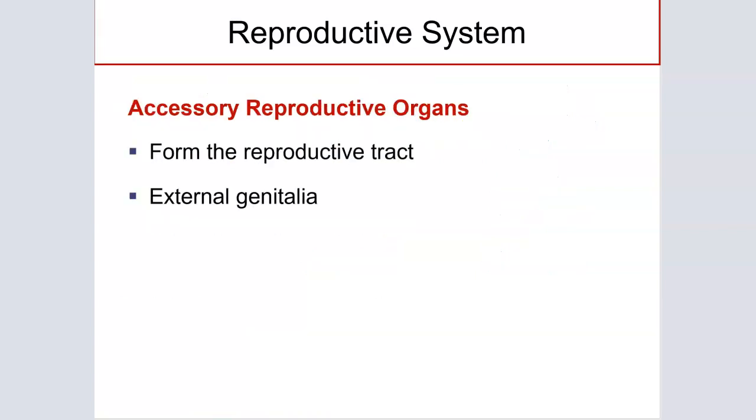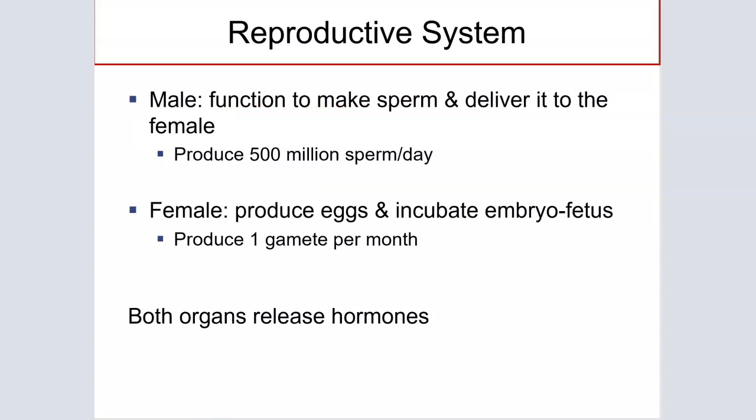The accessory organs are basically going to form what's known as the reproductive tract. So they're going to be transporting those gametes from the inside of the body outside, and they also will form the external genitalia. When we look at the reproductive systems, the male's basic job is to make sperm and deliver it to the female.